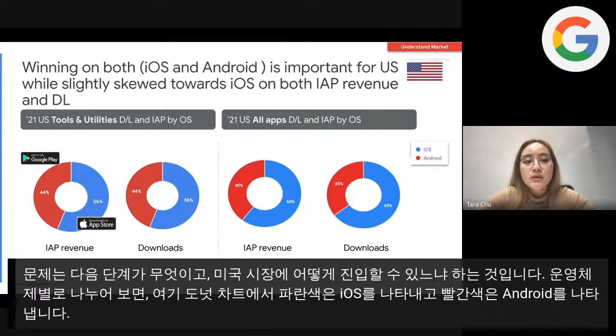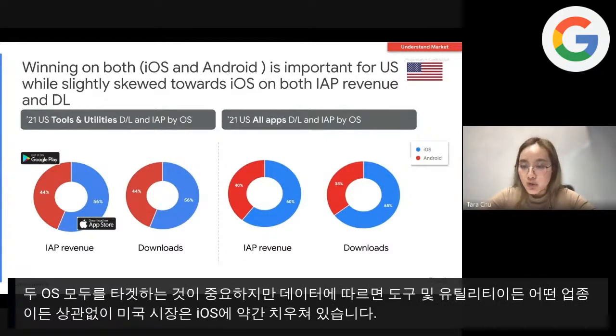So I can see most are quite winning. Both are important, but it's skewed slightly toward iOS, roughly around 56%, for both revenue and downloads, compared to all apps, which is all of the other verticals.